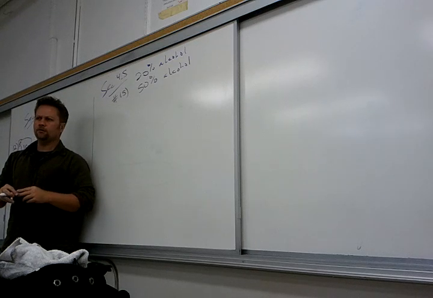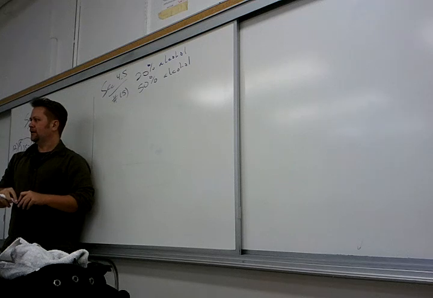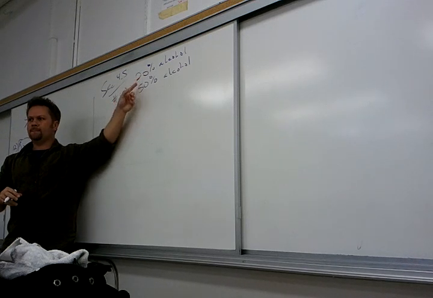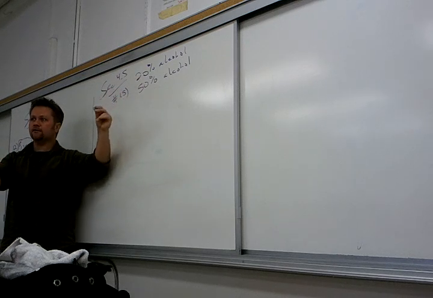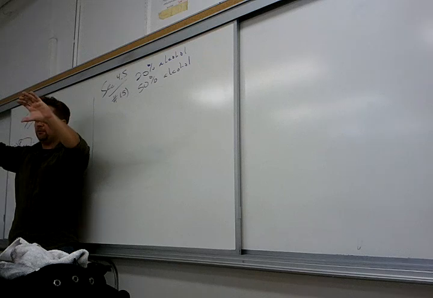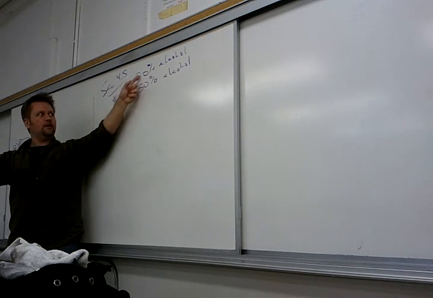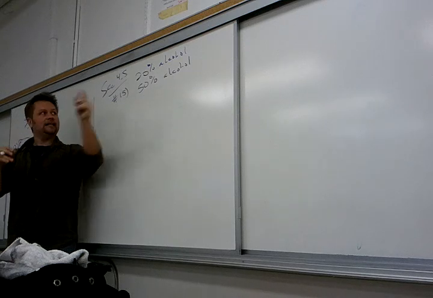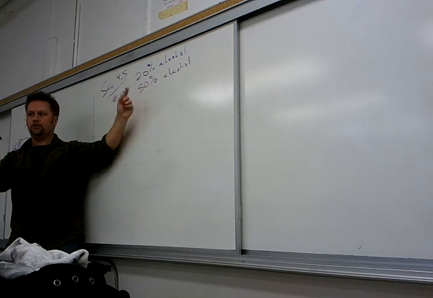What's right in the middle of those? 35. So think about it. Does it make sense? If I add equal amounts of 20% and 50%, won't they kind of average each other out? So if I had equal amounts of each, I'd end up with 35%.